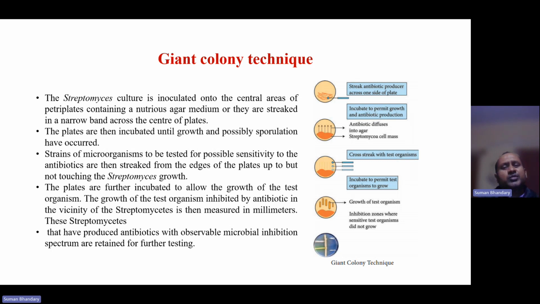So species of Streptomyces capable of producing antibiotics during the primary screening process, and the isolated Streptomyces culture is then inoculated into the central area of a sterilized petri dish containing nutrient agar medium, and the plates are then incubated until sufficient microbial growth takes place.